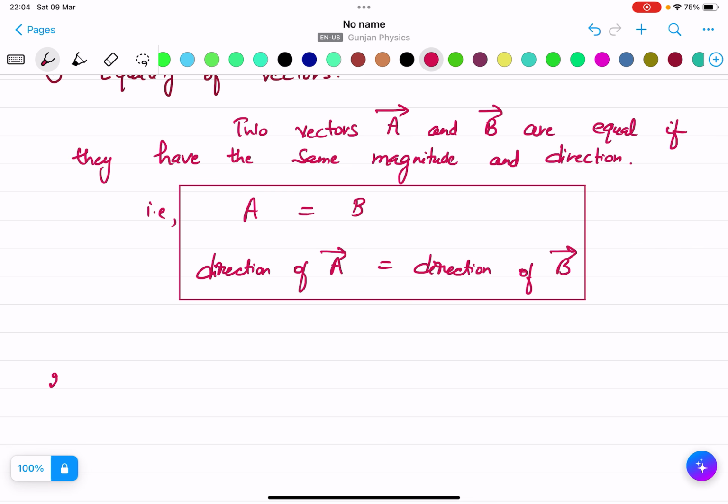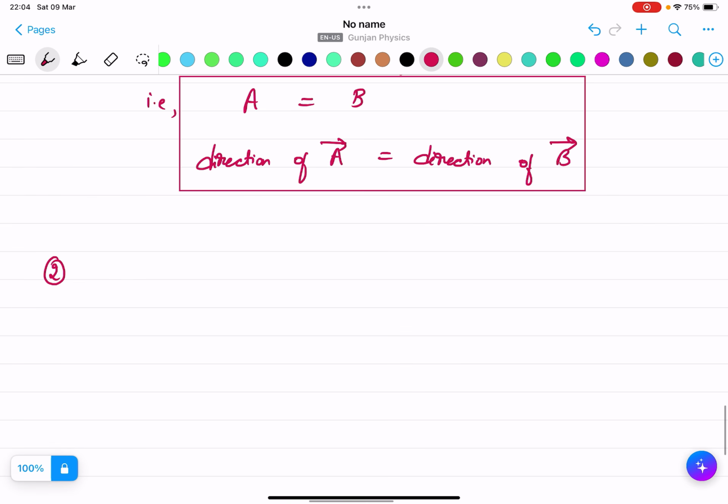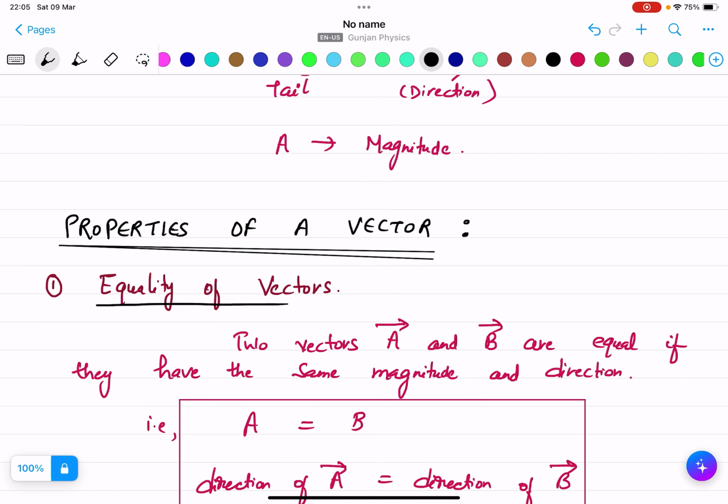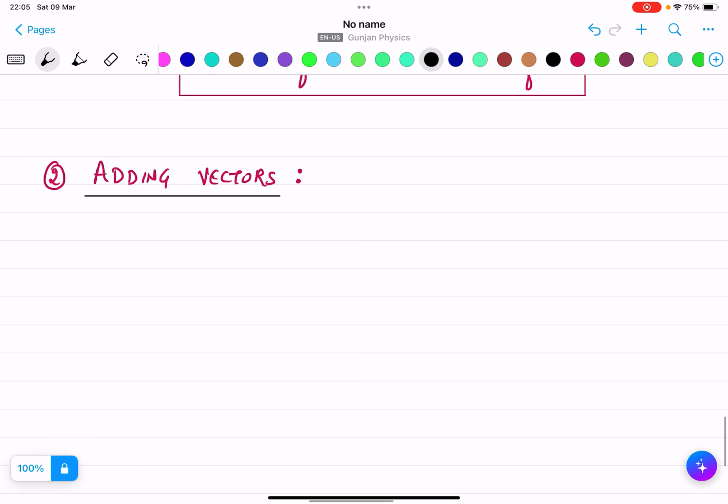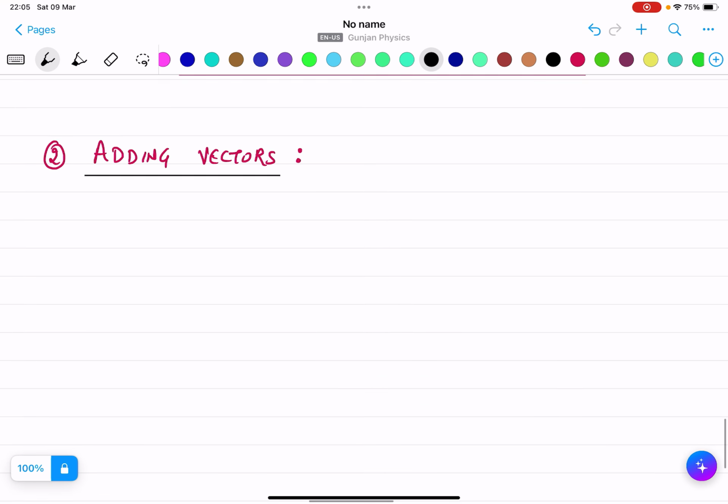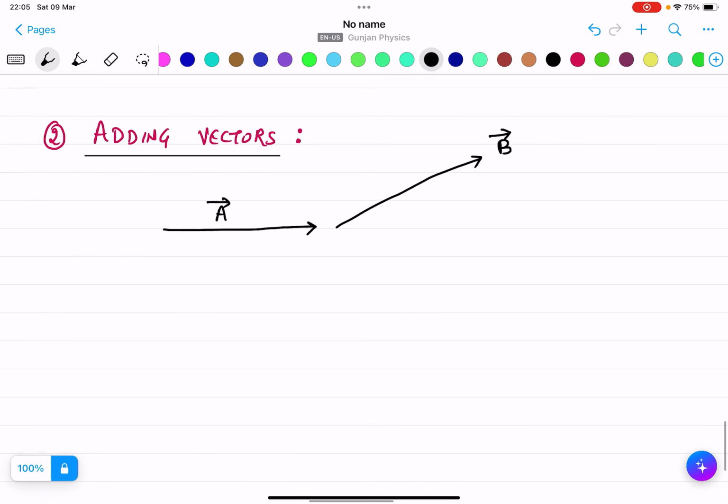Now the second property is adding vectors. How do we add two vectors? The first is equality of vectors and the second is adding vectors. Consider two vectors. This is a vector A, and consider another vector, this is a vector B. Suppose we need to add these two vectors.